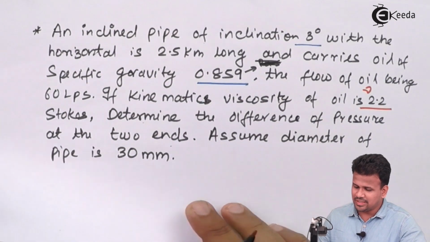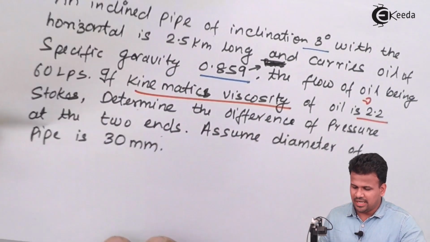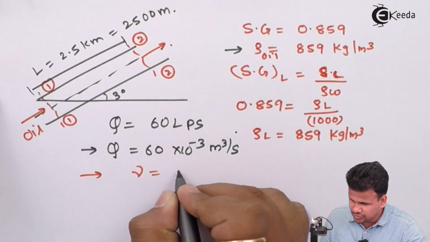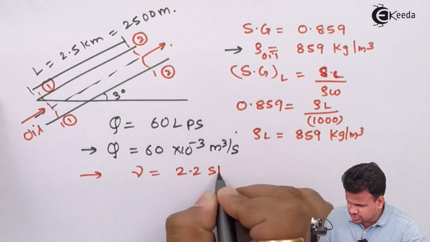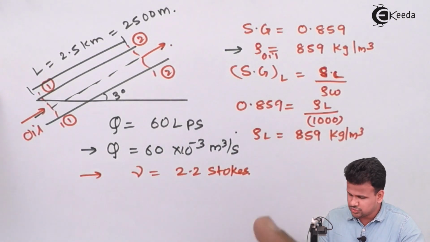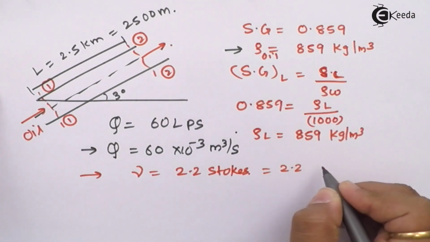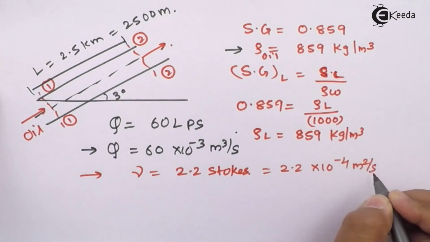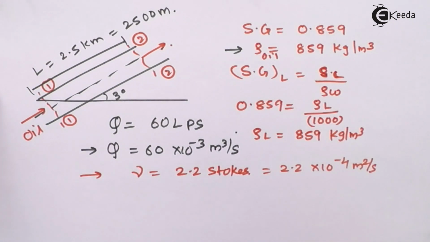So this is what is given to you. Let us write down the kinematic viscosity part, that is nu equals 2.2 Stokes. But we will calculate everything in SI units. So this will become 2.2 into 10 to power minus 4 meter square per second.